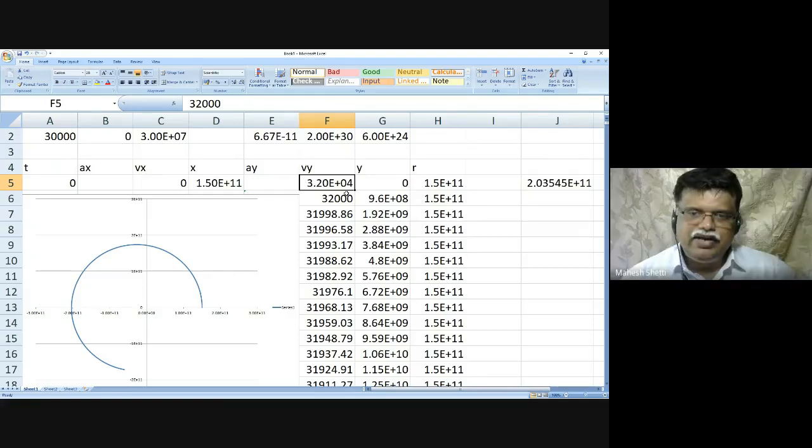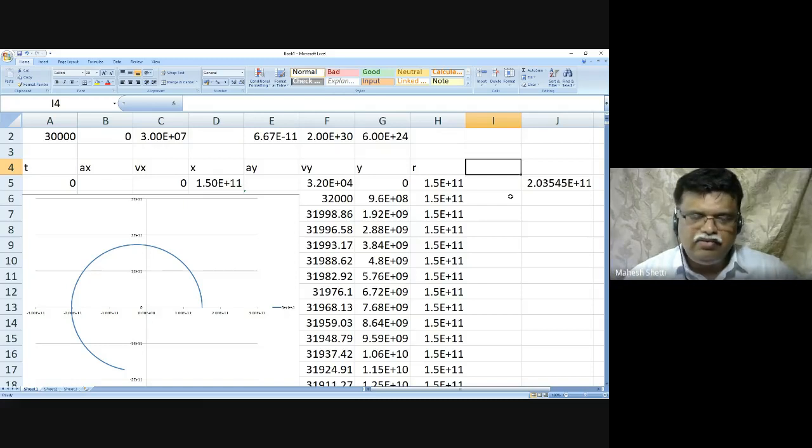So the best way of doing that calculation is you calculate the total energy in the beginning. If the total energy in the beginning itself is 0 or positive, then you know it is going to escape. For a bound system, the total energy has to be negative. Gravitationally bound system, total energy must be negative.